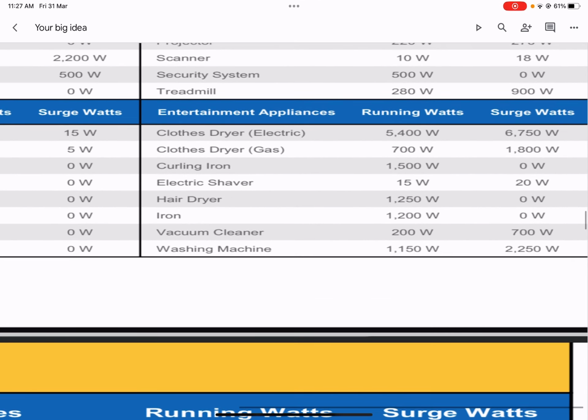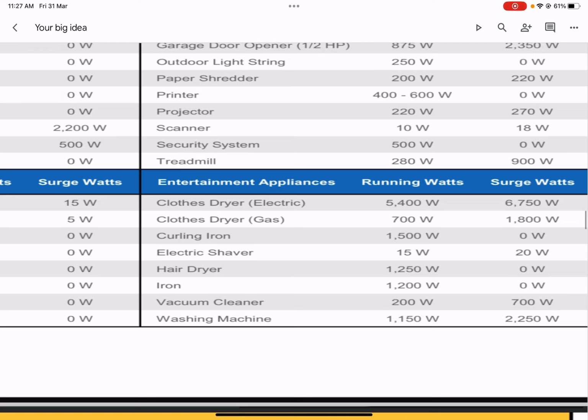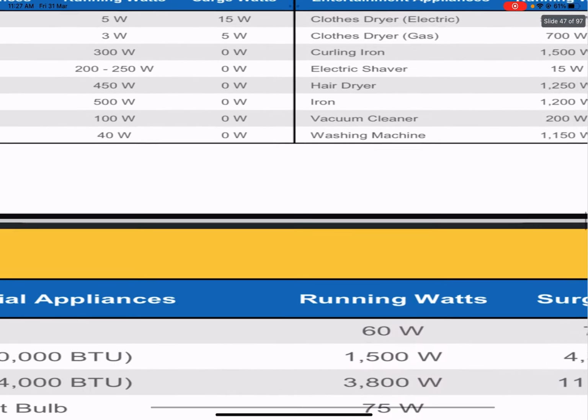If you iron your clothes at home, then it is going to consume 1200 watt. You have an electric shaver, and if you charge that shaver, then that would also be consuming some electricity. A washing machine typically has a higher wattage of around 1000 watts, and the surge wattage is around 2000 watts. So these are the typical values.